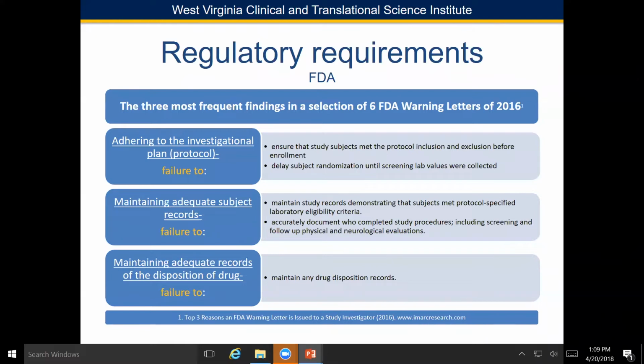The third category that was established was maintaining adequate records of the disposition of drug, and so failure to maintain any drug disposition records. These are just some examples of relatively recent FDA warning letter contents.